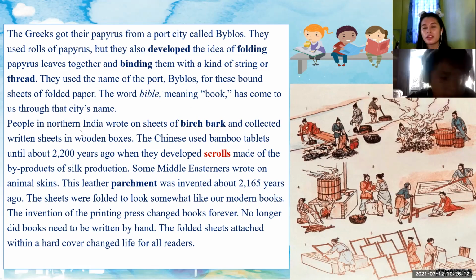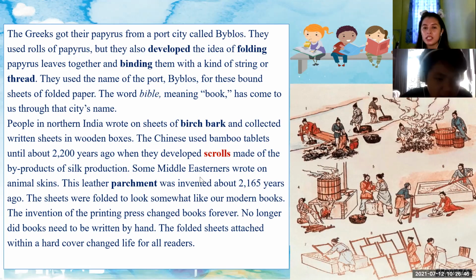People in northern India wrote on sheets of birch bark and collected written sheets in a wooden box. The Chinese used bamboo tablets until about 2,100 years ago when they developed scrolls made of the byproducts of silk production.